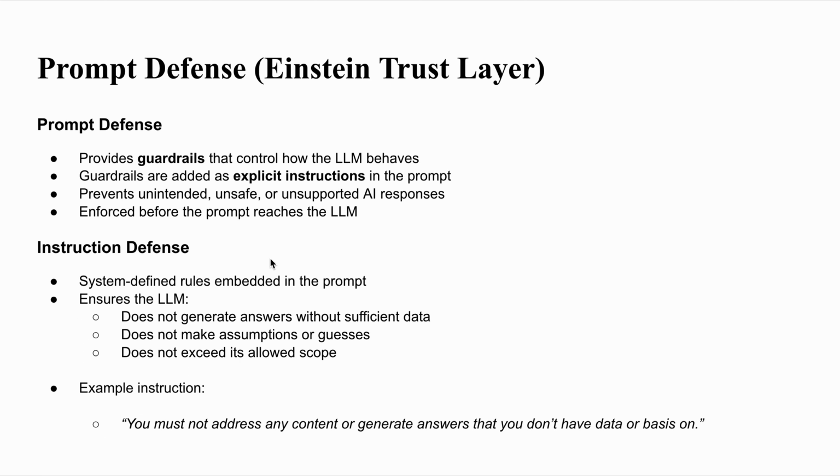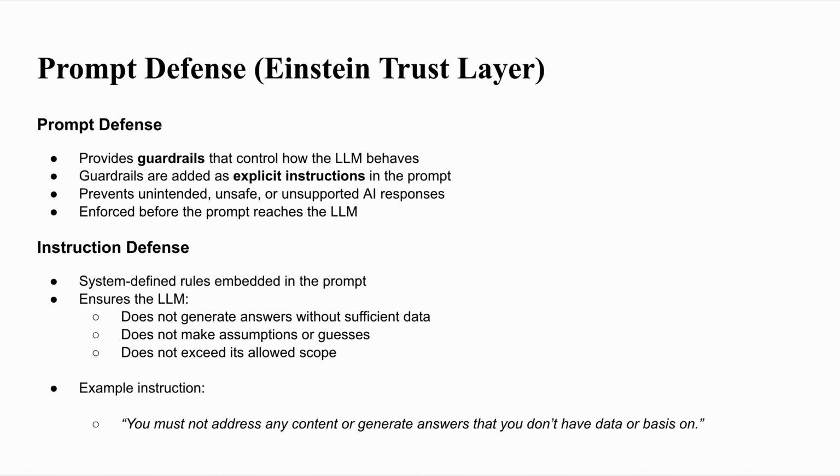Generally, this prompt defense technique provides guardrails to control how the LLM behaves. Guardrails here means instructions given to the LLM about how to behave in certain situations, to decrease the chance of harmful or unintended output.